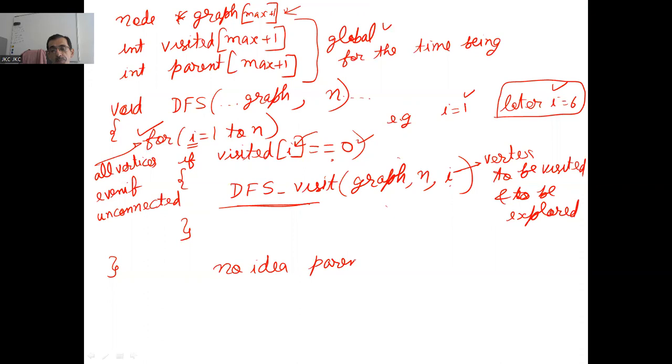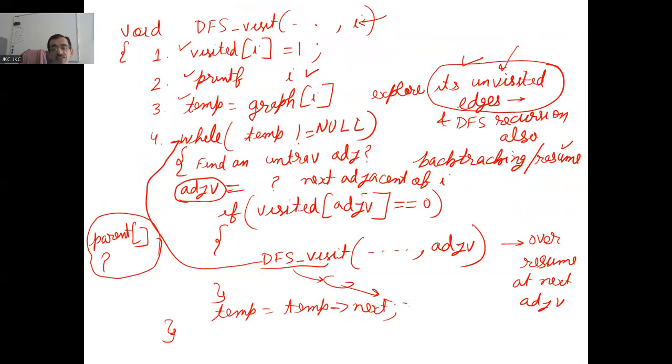So I can't do the parent change in this module. The parent change is possible here. This is the place where I know that the parent of this adjacent vertex is nothing but I. So this is the time I will change my parent.